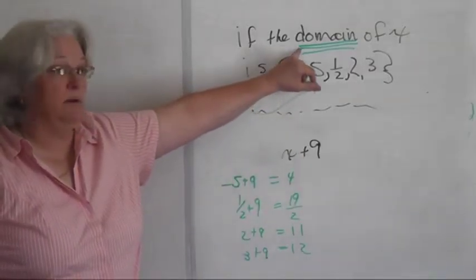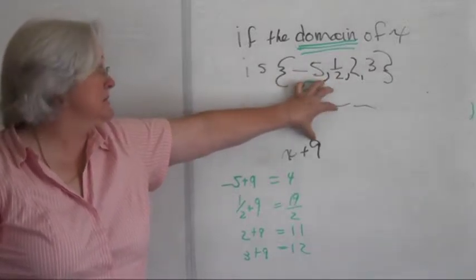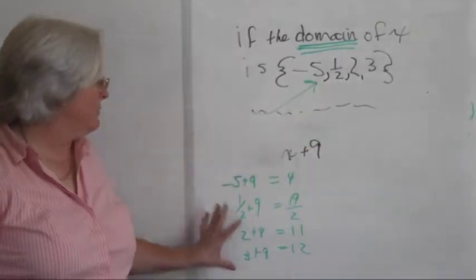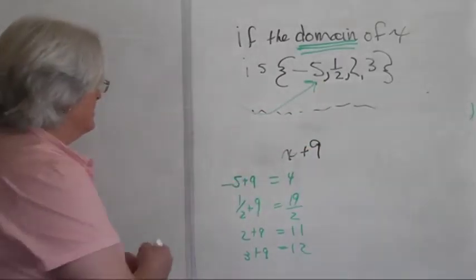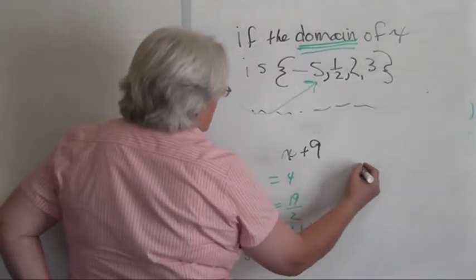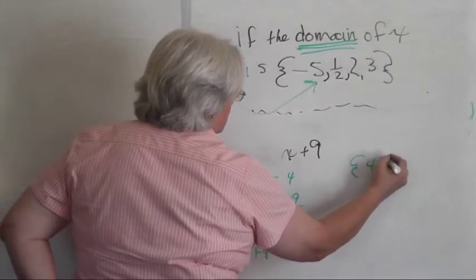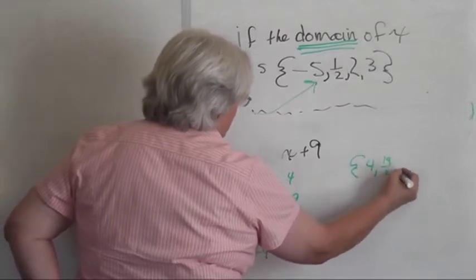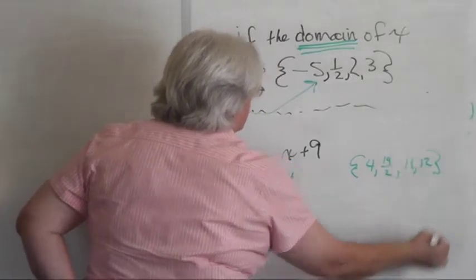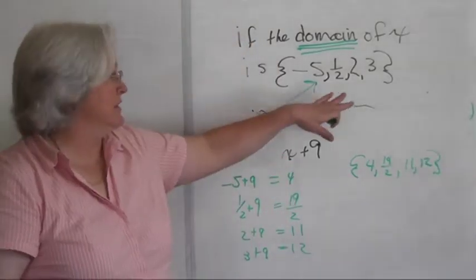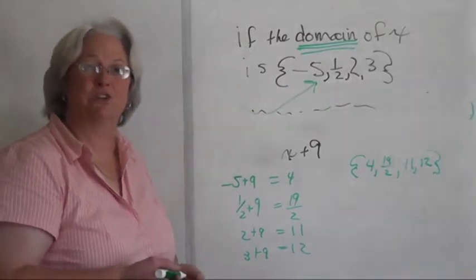So if the domain of x is the set that consists of these 4 values, then we could also write, using set notation, the solutions to this. And you could say that those solutions are the set that contains 4, 19 halves, they say 9.5 in your book, 11, and 12. So you will be doing a fair amount of this in your exercises as well. That's all we have for section 3.1.